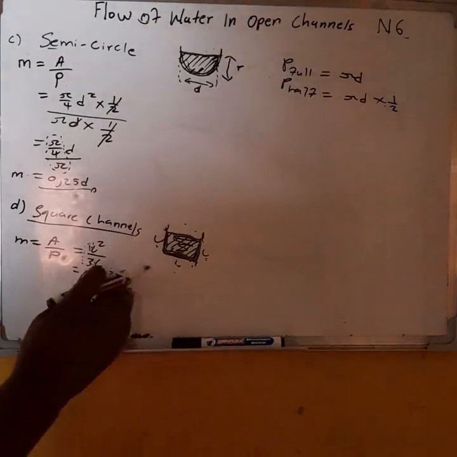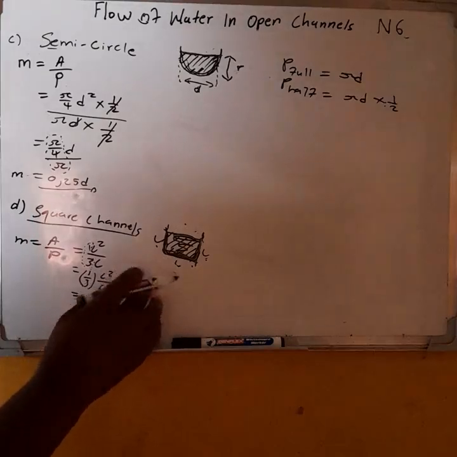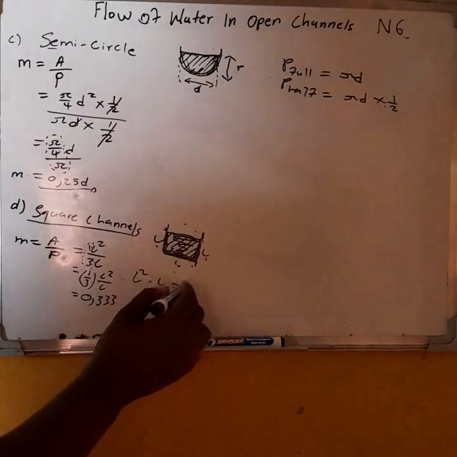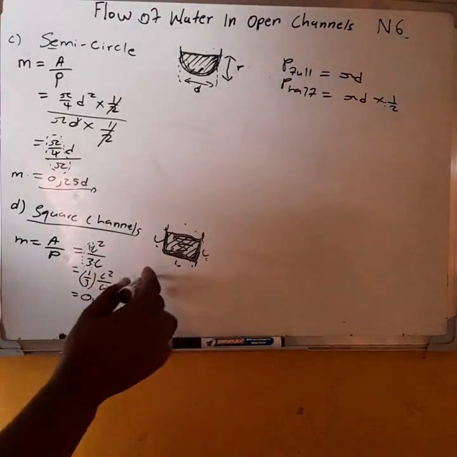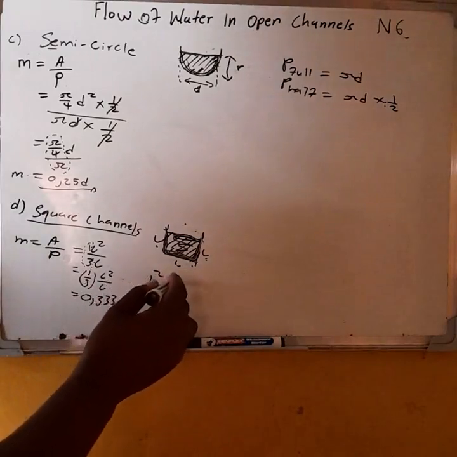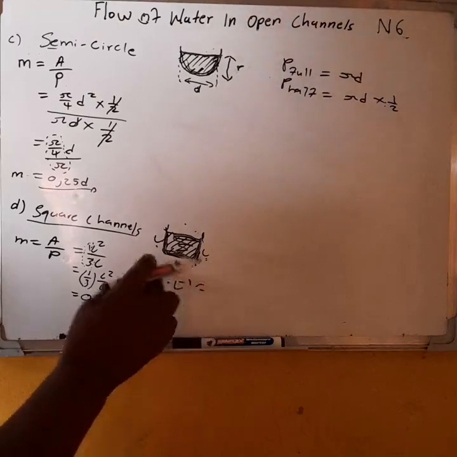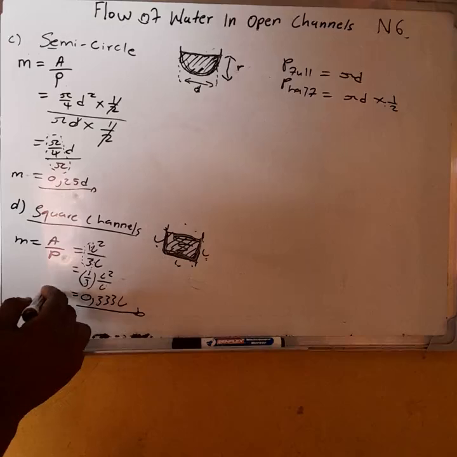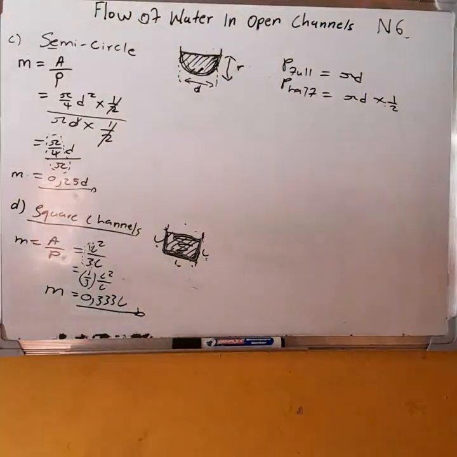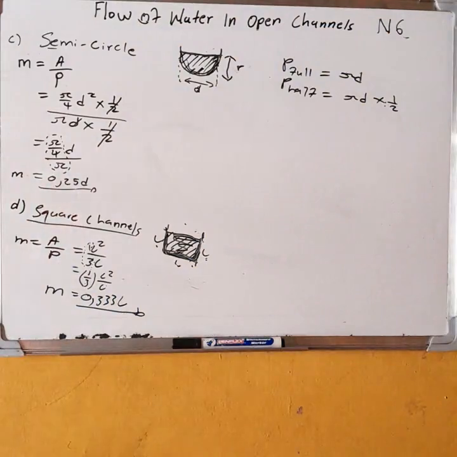Remember, if the bases are the same, L squared divided by L is L squared minus 1, which is L. This is M in terms of L, right? That is 0.33L.